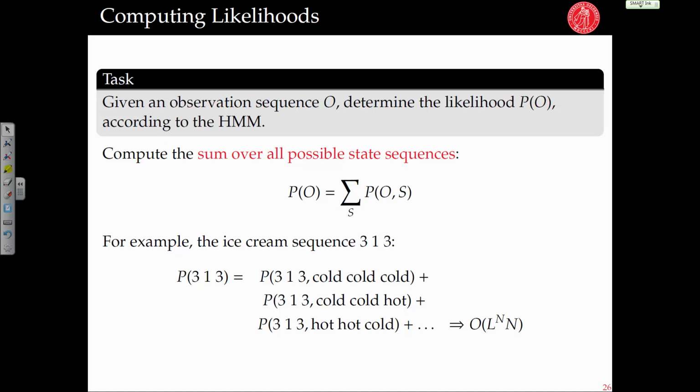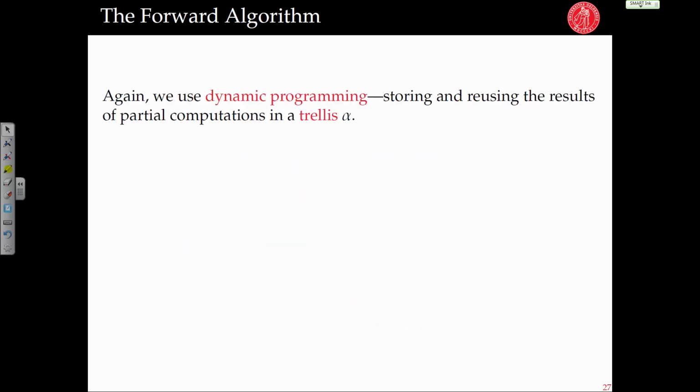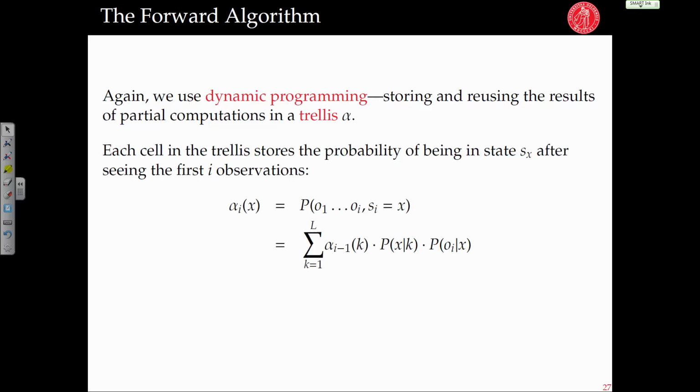So instead of enumerating all possible solutions, we're going to employ another dynamic programming algorithm called the forward algorithm, which is very similar to Viterbi. We're basically reusing the same intermediate solutions, and we have a trellis. This time we'll call it alpha instead of v. So instead of v_i, we're computing alpha_i.